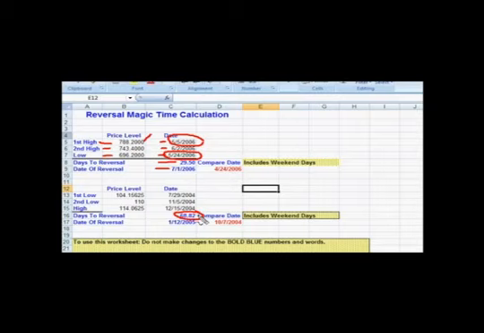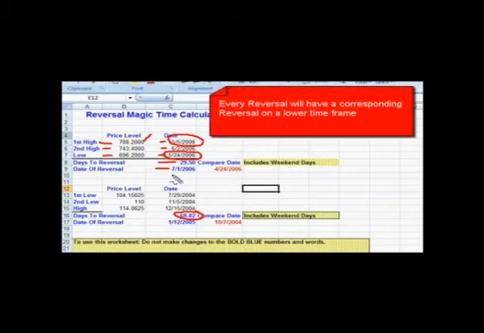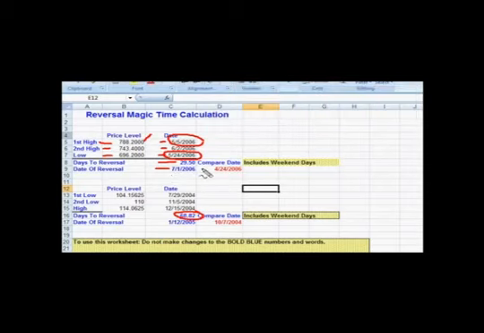However, if you want to refine the reversal, we strongly recommend that you take a lower time frame, like an hourly chart, and determine a reversal for that day. Typically, every reversal will have a corresponding reversal on a smaller time frame. So once you determine the day, look for the lower time frame that stands out as far as a reversal, and you can refine that all the way down to 1 minute or even the tick chart if you so desire.